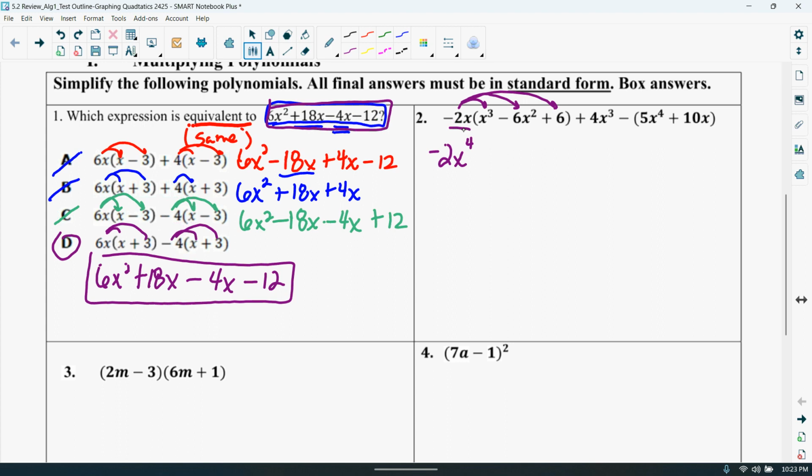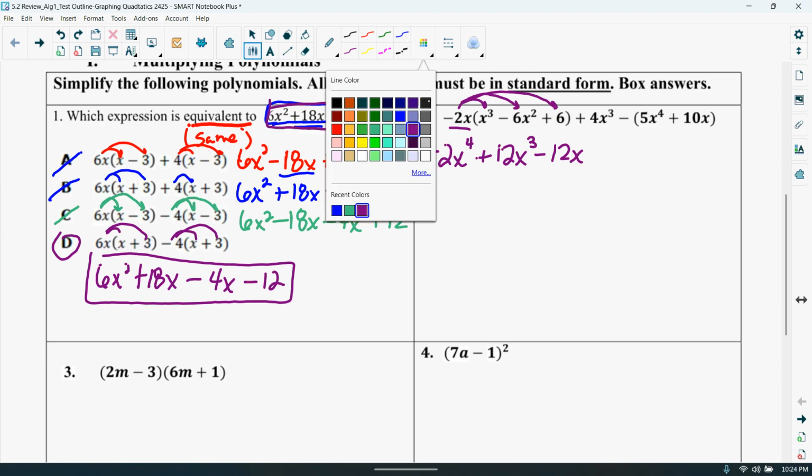Then a negative 2x times minus 6x squared makes a positive 12x to the 3rd. When you multiply exponents with like bases, you add the exponents. You just have to remember that rule from the last unit. All right, then we have minus 12x. The next term is not getting distributed.